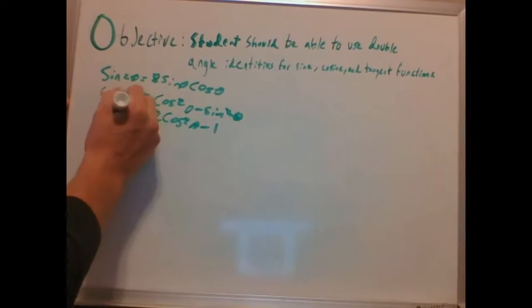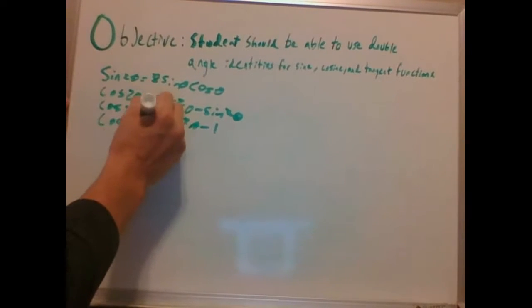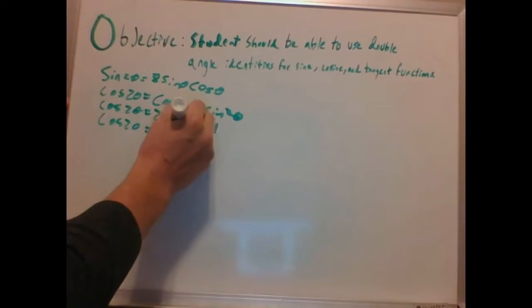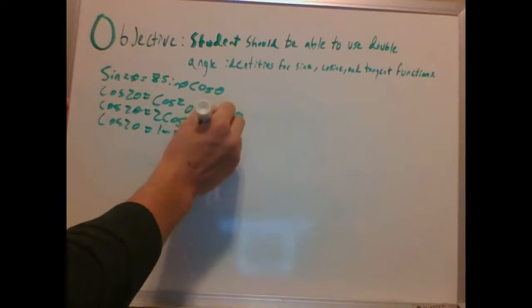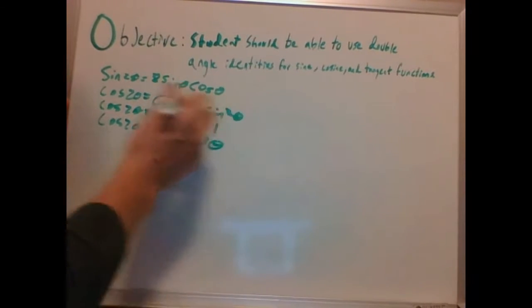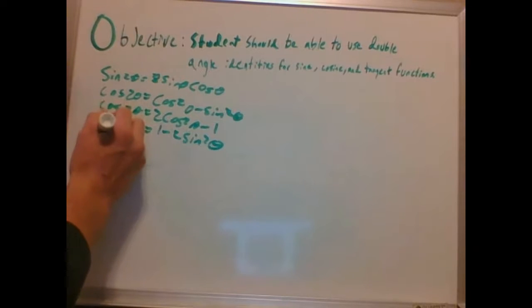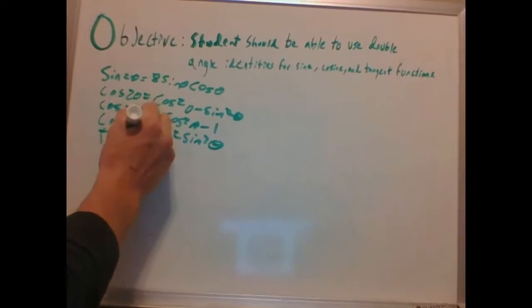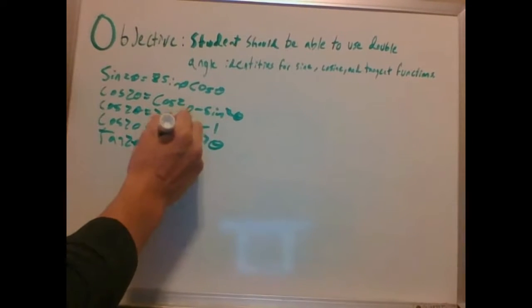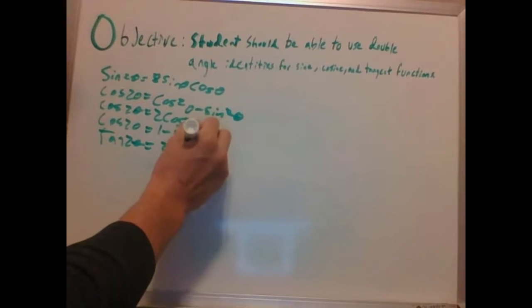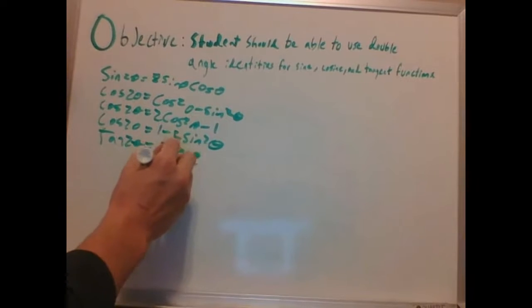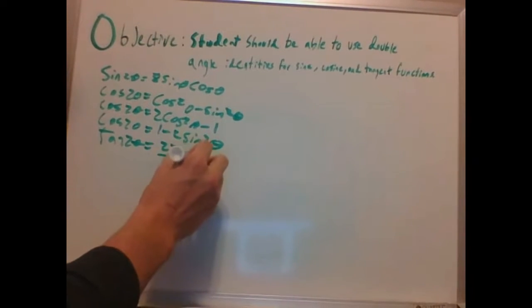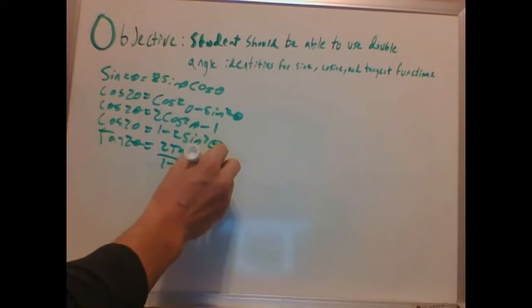And the fourth is cosine 2 theta equals 1 minus 2 sine squared theta. And for the fifth, we have tan 2 theta equals 2 tan theta over 1 minus tan squared theta.